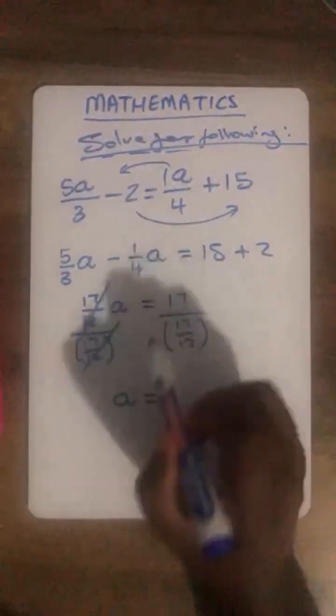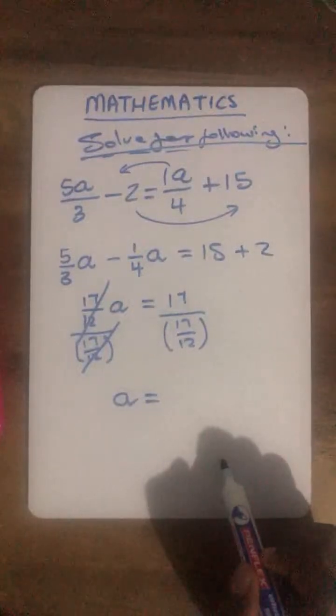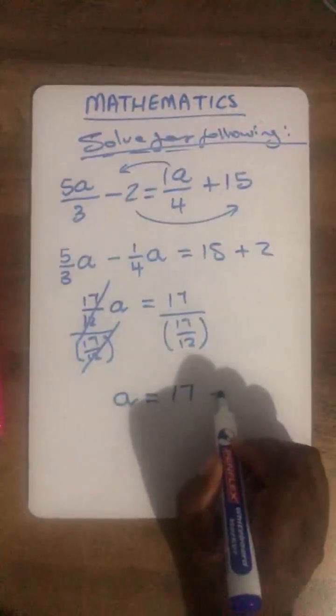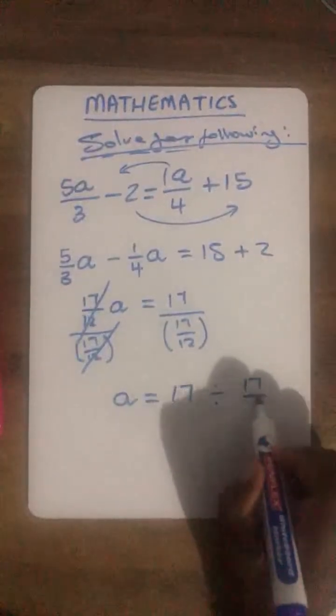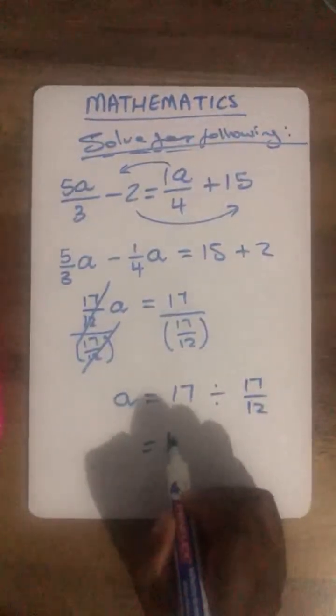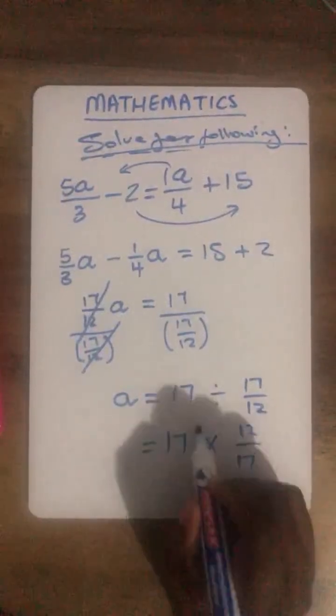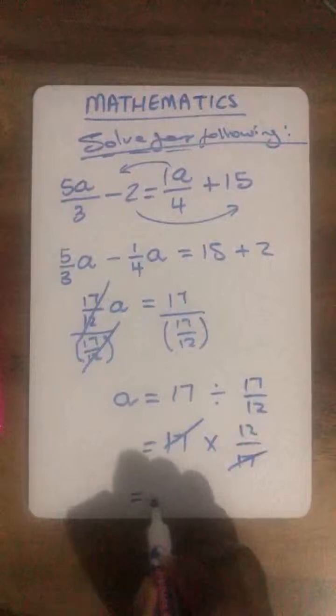When you punch all of that, it will definitely give you 12, because it is 17 being divided by that 17 over 12. We know that we change that division, so you have 12 over 17. That cancels with that.